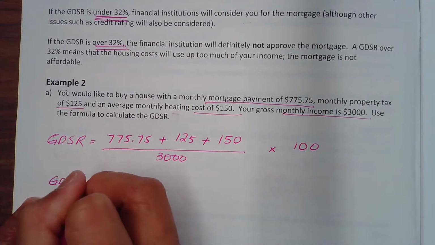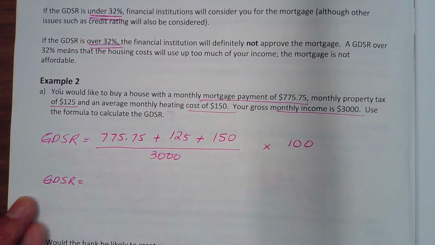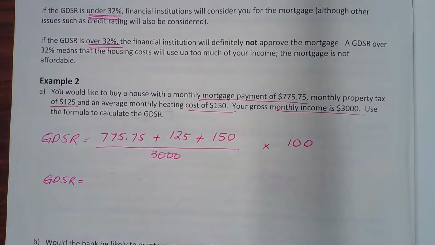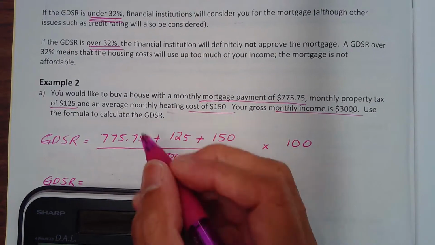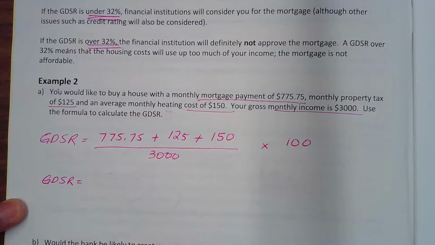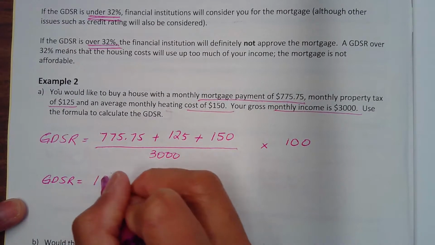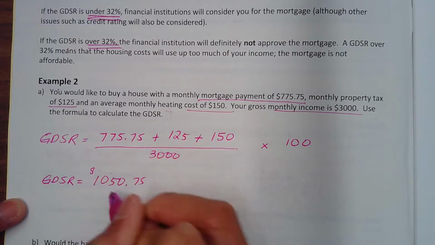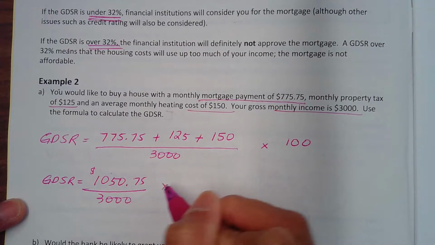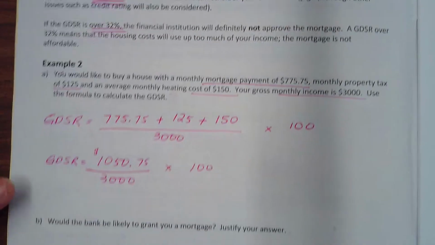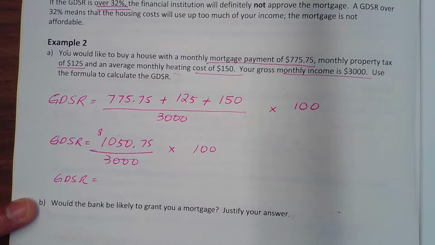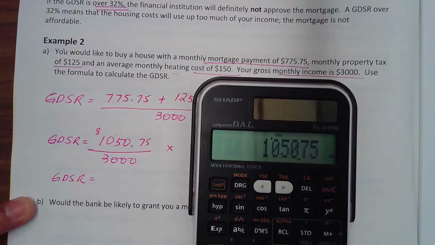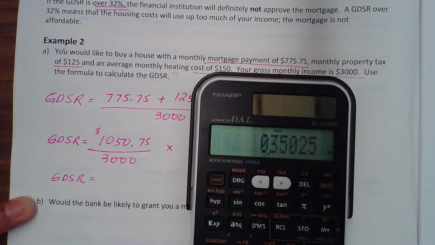So we add all of those expenses up: 1,050.75 divided by 3,000, times 100.